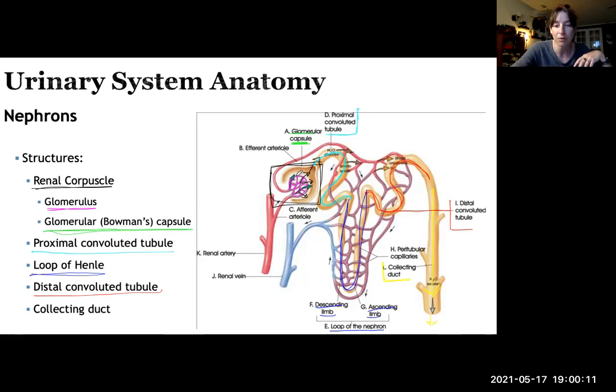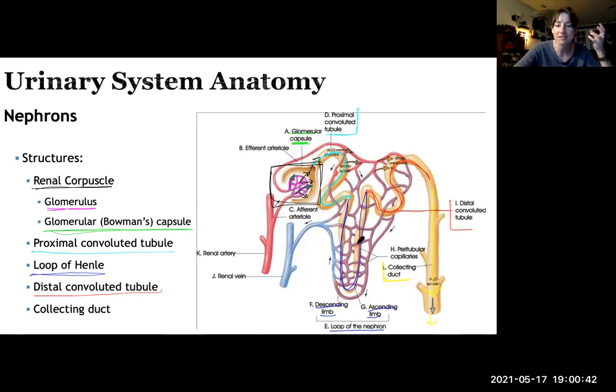So we're pulling the plasma out of this arterial blood, we are going to filter that plasma from the arterial blood, and then that clean arterial blood will continue on to the rest of the nephron. As it continues on to the rest of the nephron, we have more capillaries that will basically feed the actual tissues surrounding the nephron and the nephron itself.